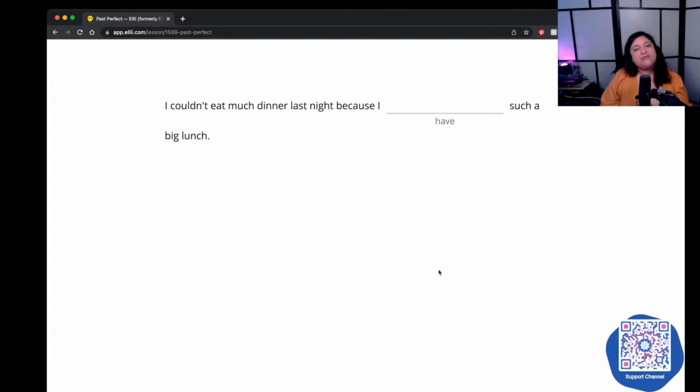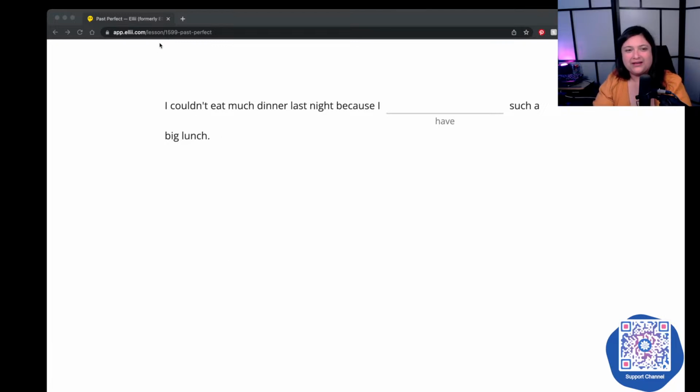I couldn't eat much dinner last night because... Now, this is going to be very tricky, my friends. Please be careful. How would I make this sentence in the past perfect?